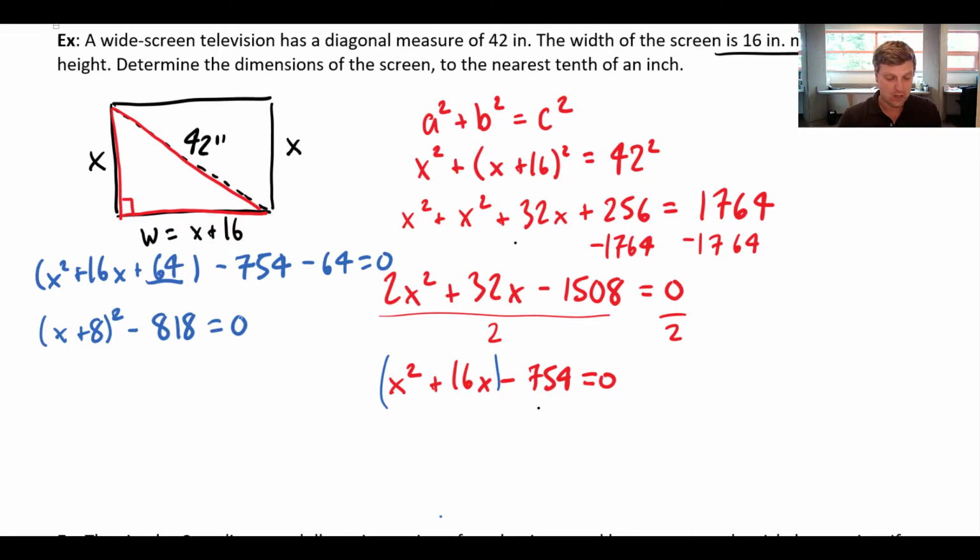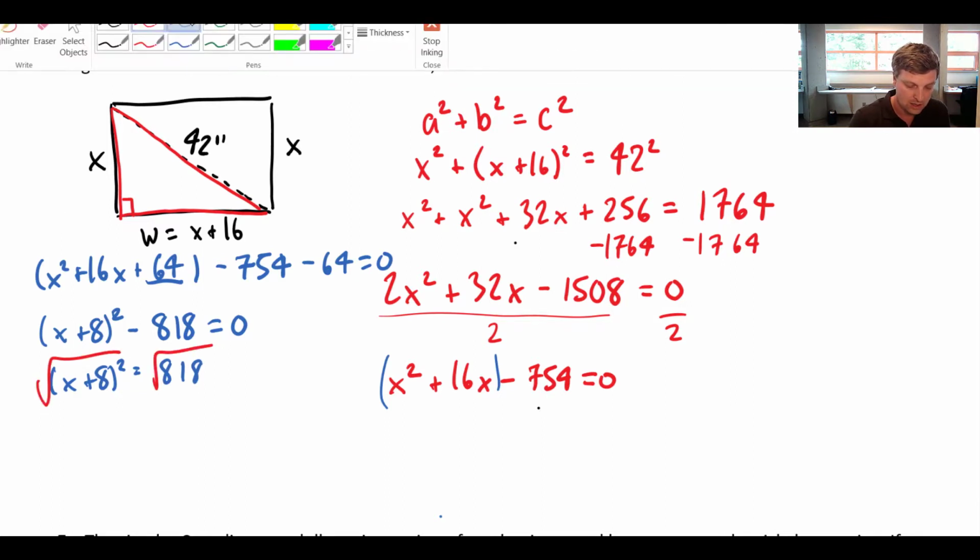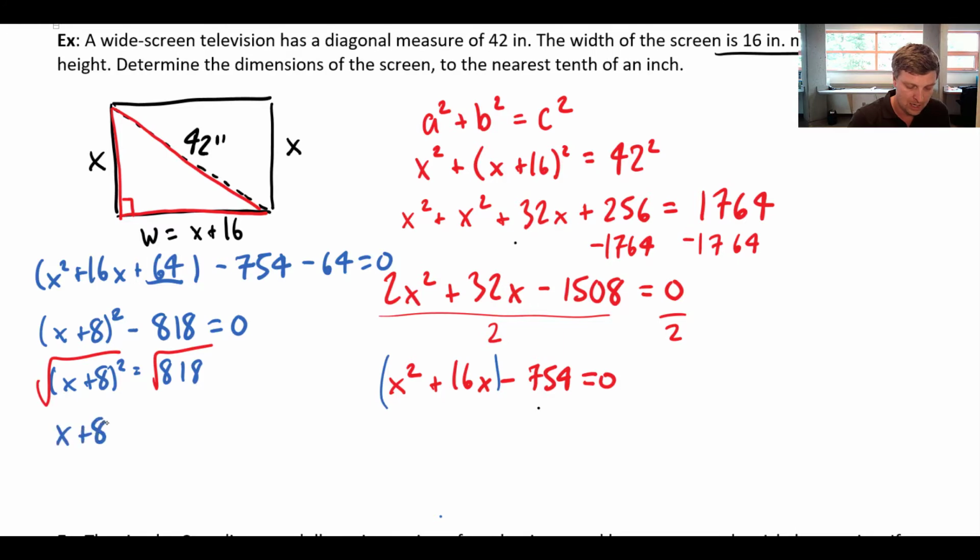And now I can just follow my steps and solve. So I'll move 818 to the other side. I've got x plus 8 squared equals 818. Take the square root of both sides, and I get x plus 8 equals the square root of 818.